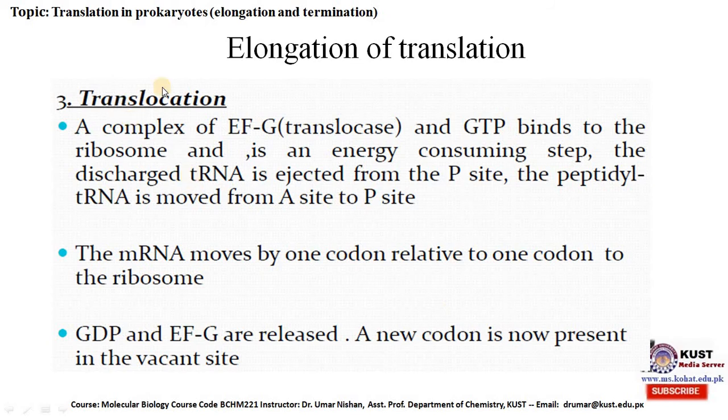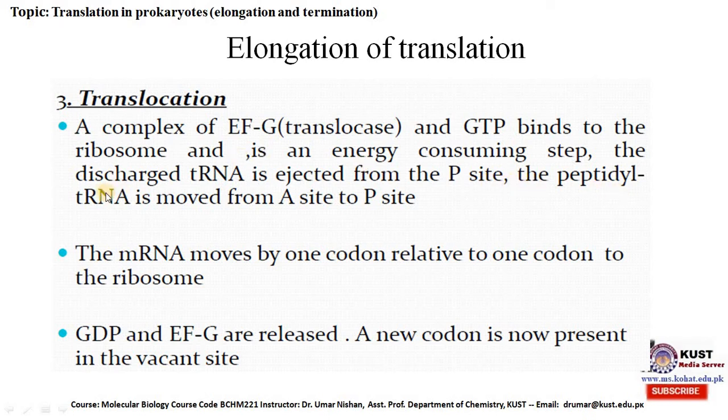Now the step number 3 of the process of elongation is the process of translocation. A complex of elongation factor G, translocase, and GTP binds to the ribosome and is an energy consuming step. The discharged transfer RNA is ejected from the P site.